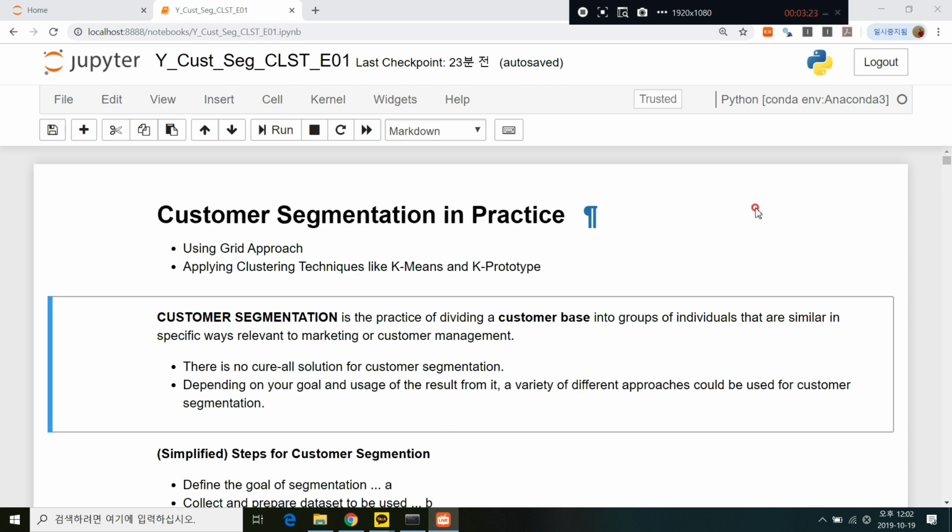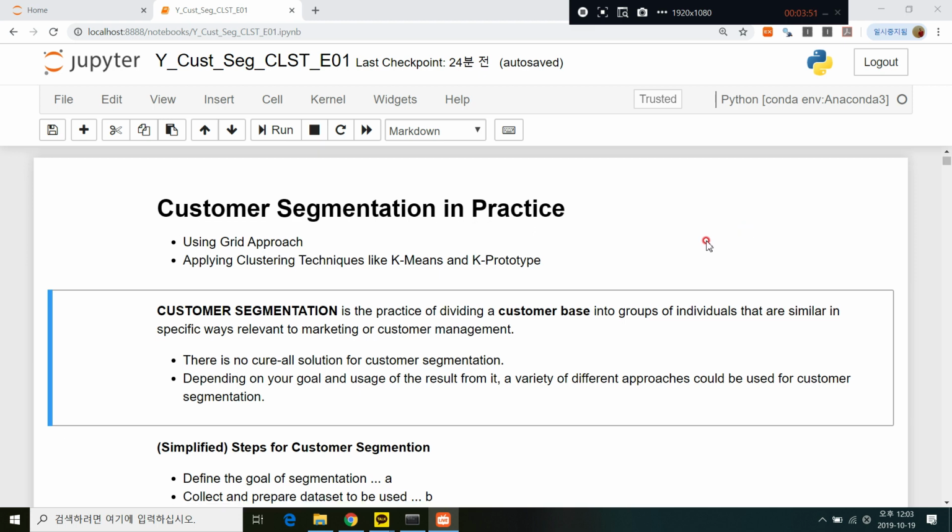Depending on your goal and where you use the result, there is a variety of different approaches. There are hundreds of thousands of approaches available and could be utilized for customer segmentation. That is why we have to check the fundamentals first.